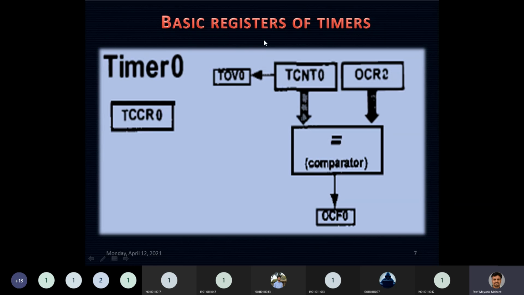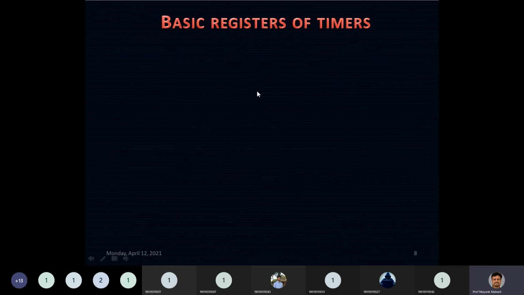With every tick, whether external or internal, the content of your TCNT will increment. If it works in CTC mode, it will be continuously compared with your OCR register, and if a match occurs, the OCF flag will be raised. If it is working in normal mode, whenever the value of TCNT overflows, meaning it turns from FF to 00, your TOV flag will be raised.